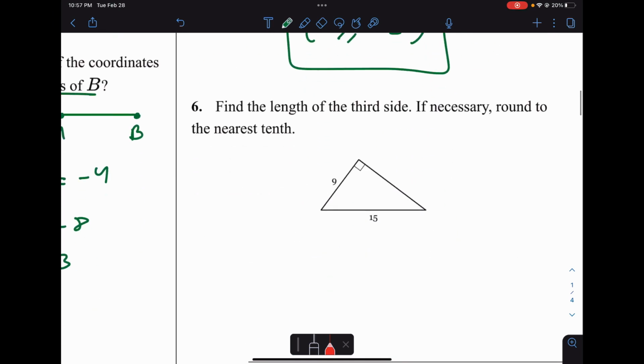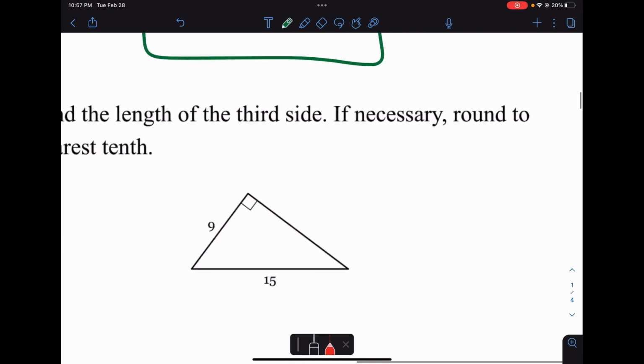All right. So now the next couple of problems, it's what we call Pythagorean theorem. It's a topic that is typically covered in middle school, but it seems like it may not have been covered for some of you guys, so I want to make sure we go over it. So it's a squared plus b squared equals c squared. And this only works for right triangles.